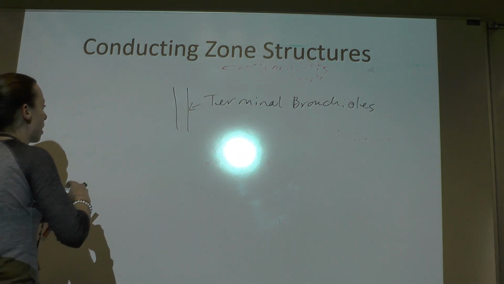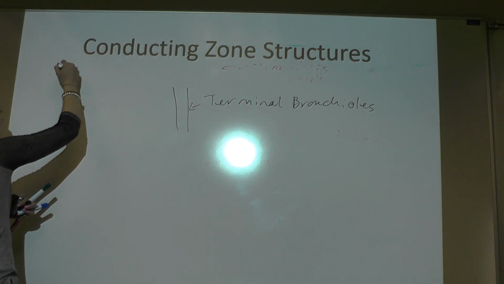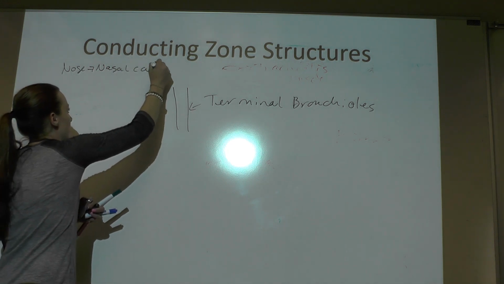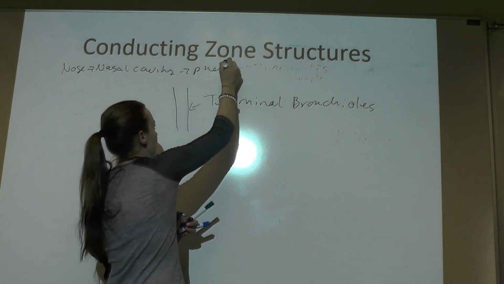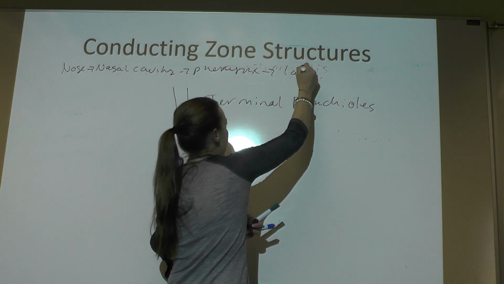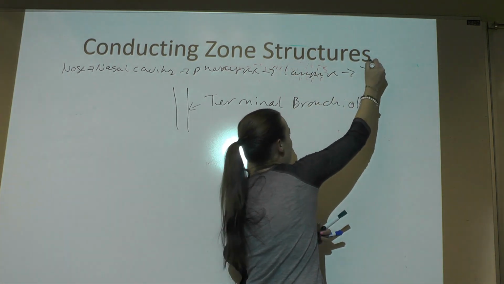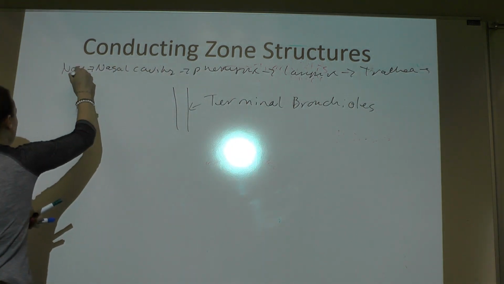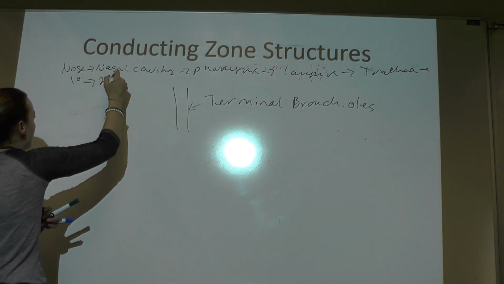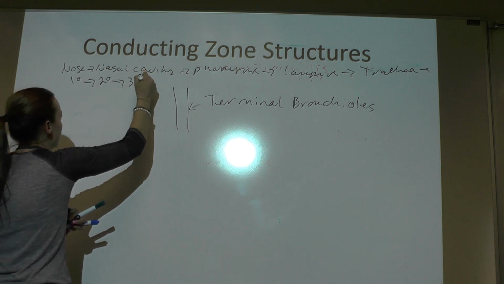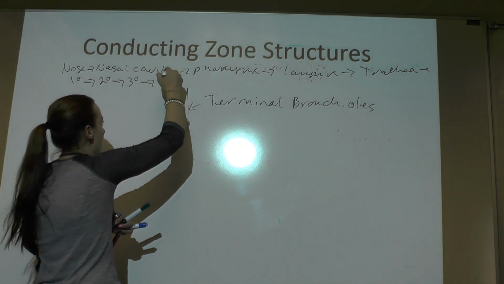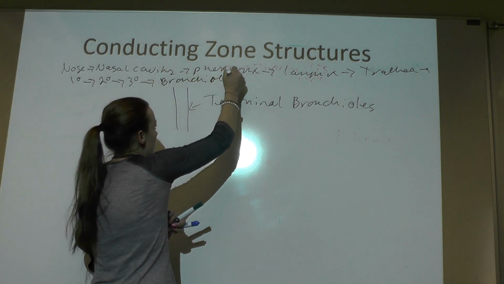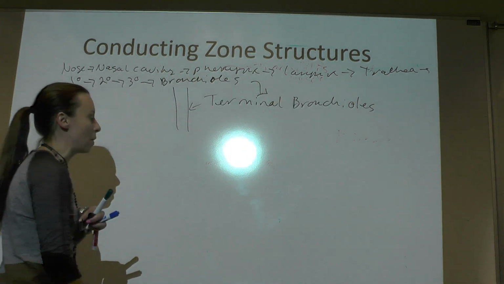So our conducting zone structures go from our nose to our nasal cavity, to our pharynx, to our larynx, to our trachea, to our main bronchi, to our lobar bronchi, to our segmental bronchi, to smaller and smaller bronchi till we get to these bronchioles that lead into terminal bronchioles.